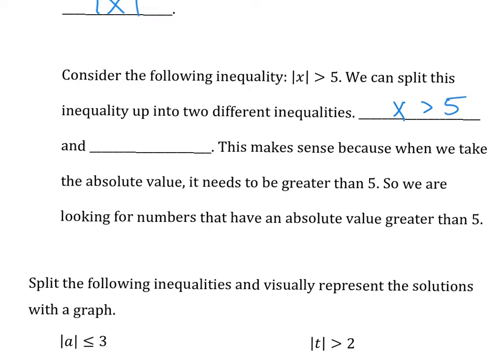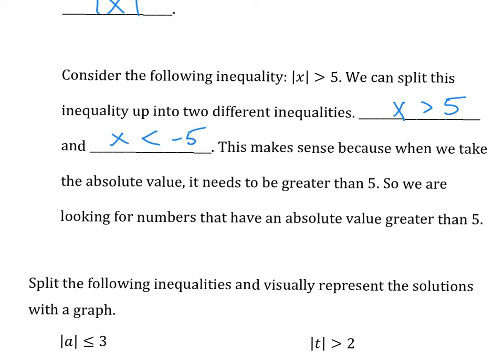For our second one, we still have an x, and we make that constant, the 5, negative, just like we did with equations. But just like when we multiply or divide by a negative number in inequalities, we flip the inequality symbol.